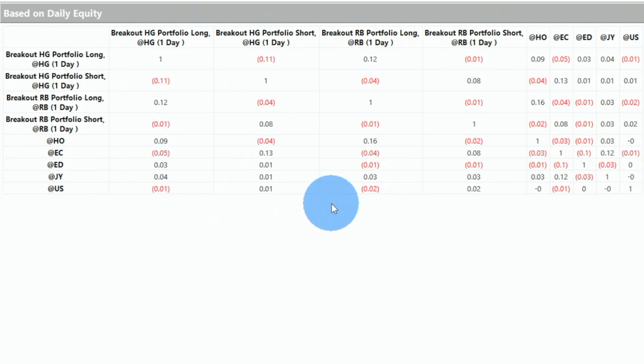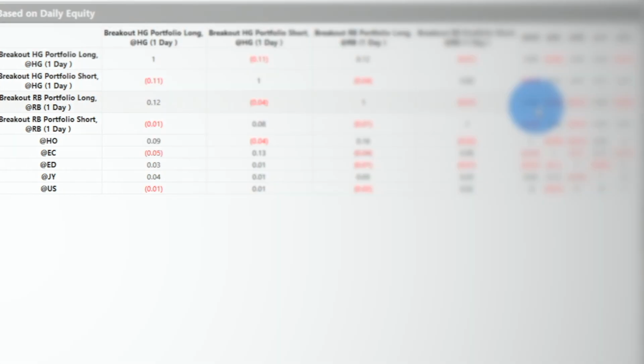The only high correlation we have is here. This is heating oil long, and this is gasoline long, and they are 0.16. Now, this is considered very, very low correlation, but in our portfolio, this is the highest correlation. Here I want to point out a very important takeaway, which is that diversification doesn't usually come from the instrument in the beginning.